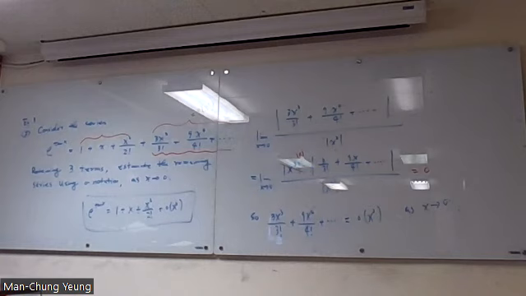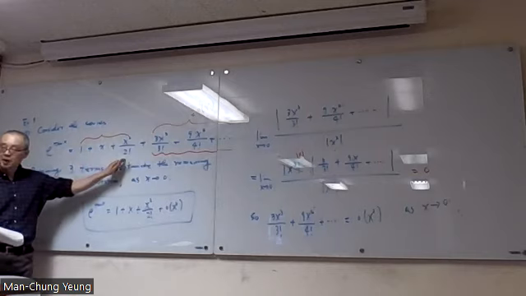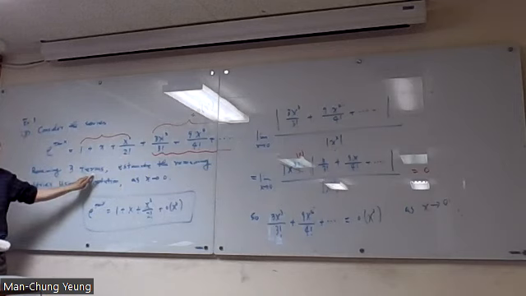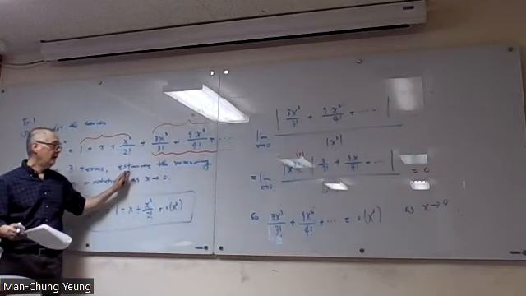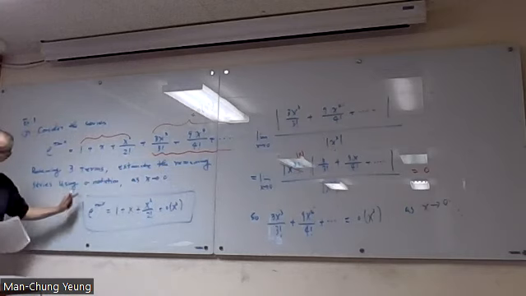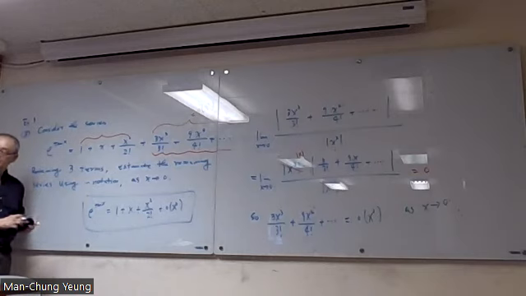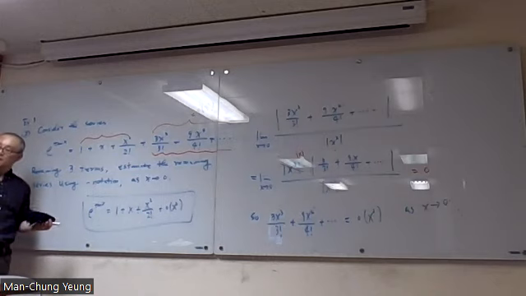Let me change. Consider the same series and keep the first three terms. Now, estimate the remainder series, this time using big O notation. Not little o. Little o means much, much less. Big O, not much less.